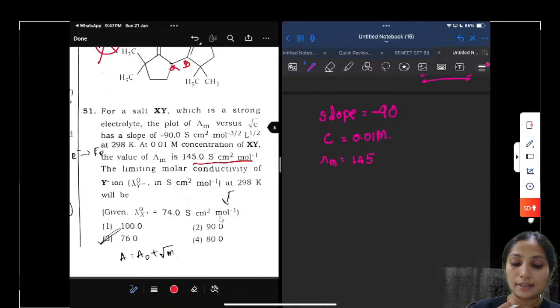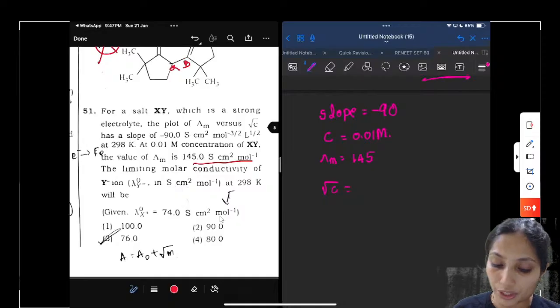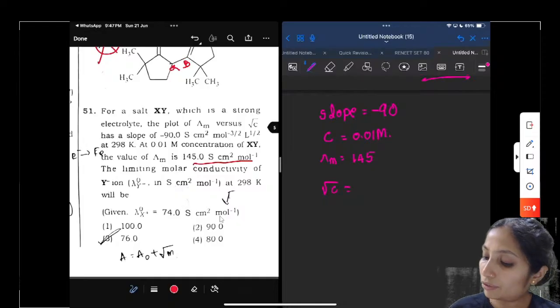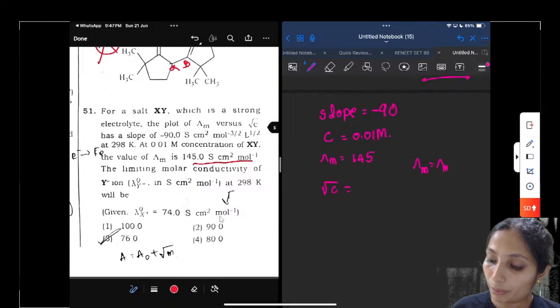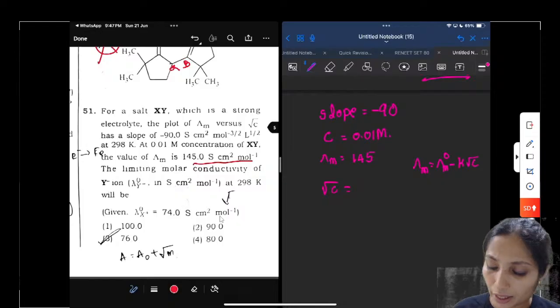So this much is given. So we know the formula; we want root C, and the formula will be lambda m is equal to lambda m naught minus k root C. For this I want root C. Directly I'll calculate root C first. Root of 0.01 is equal to 0.1.